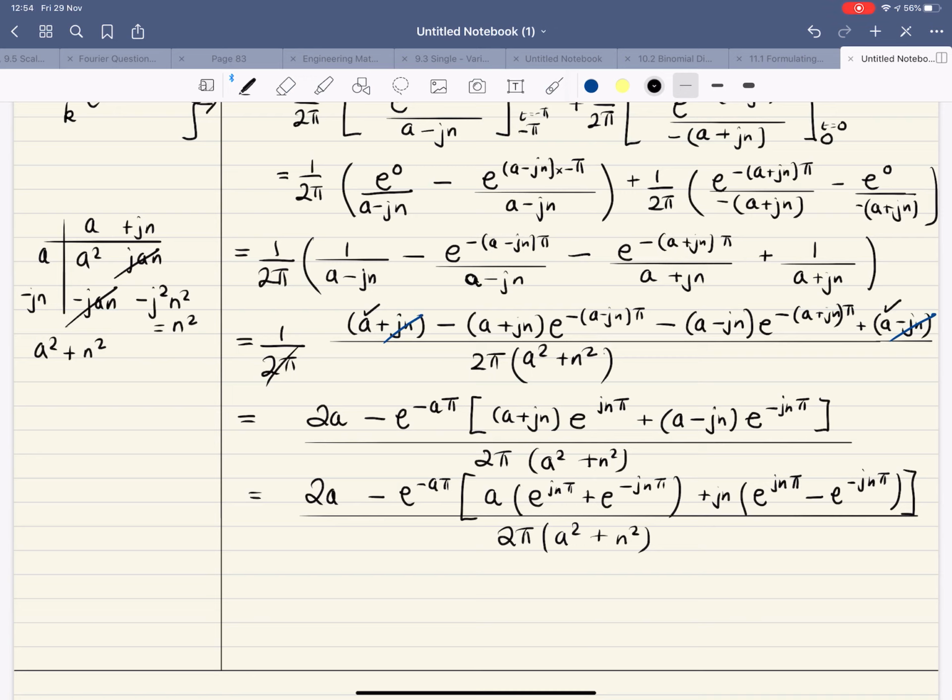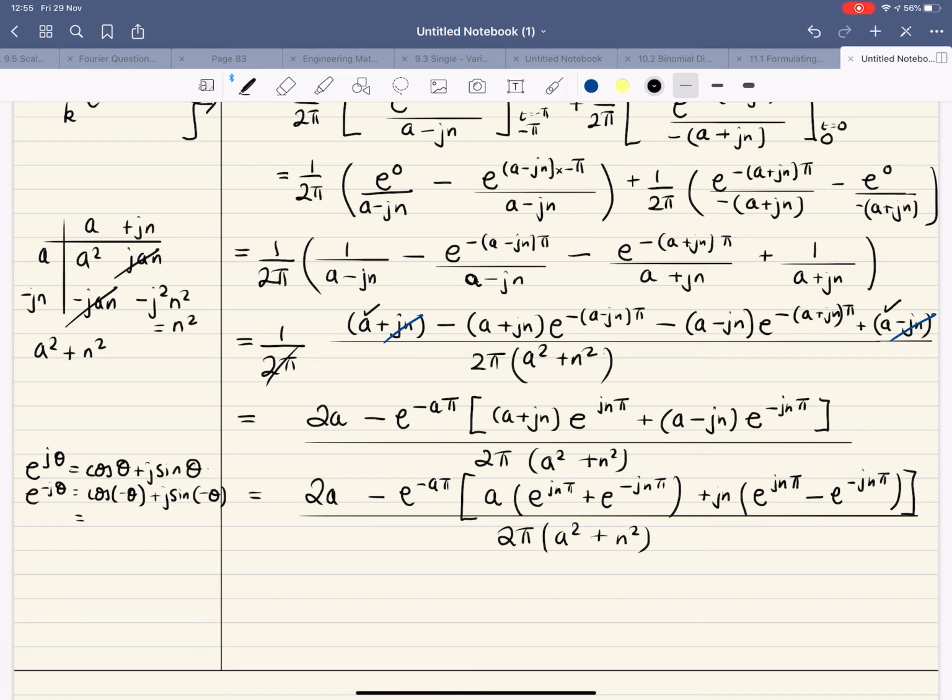Okay. Now what we've got to remember here, e to the j theta is cos theta plus j sine theta. e to the minus j theta is cos of minus theta plus j sine of minus theta.